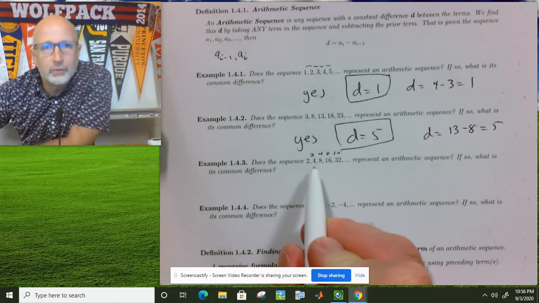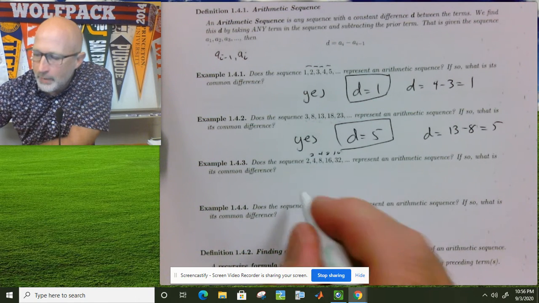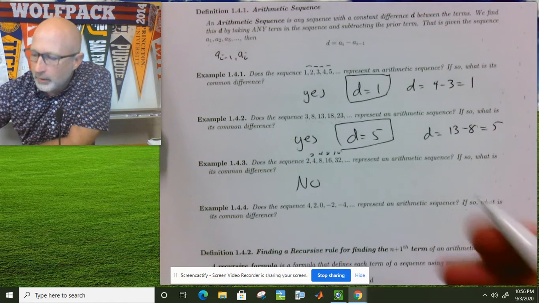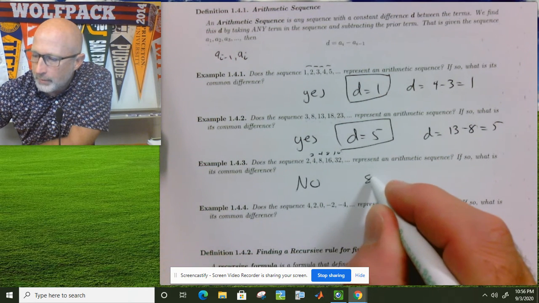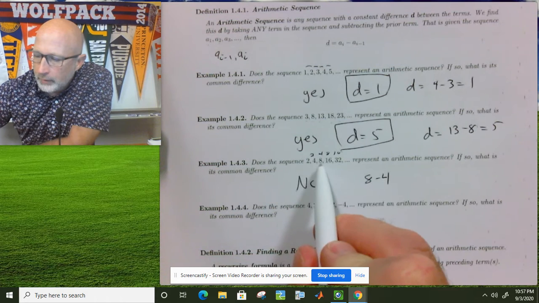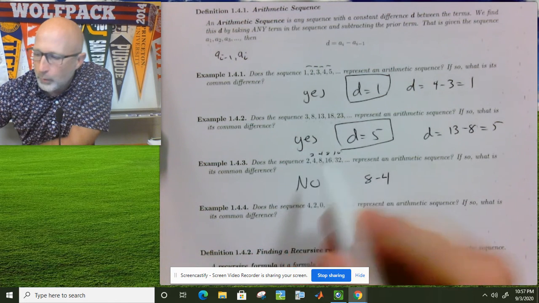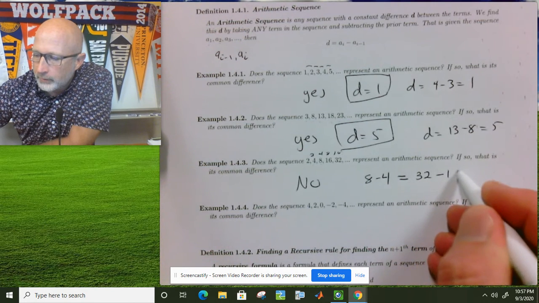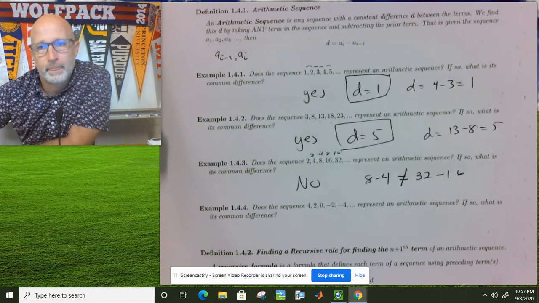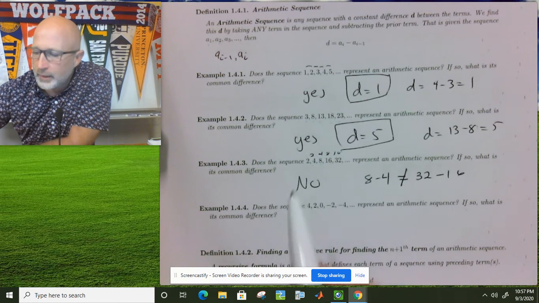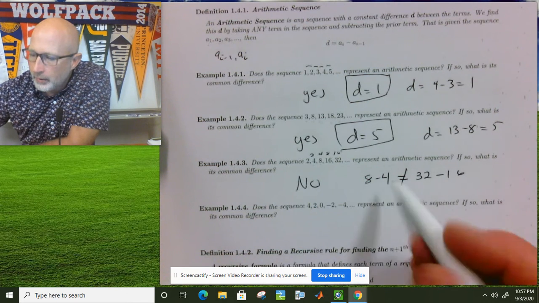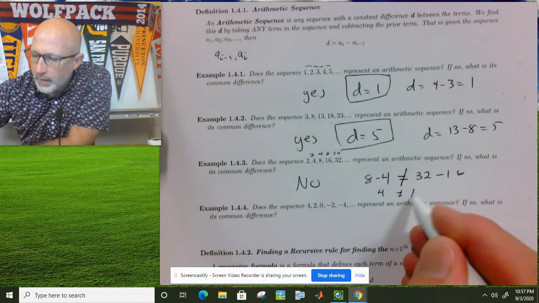Since it goes up by a different amount each time, the answer is no. If you're asked to explain that, you would say 8 minus 4, any term in that sequence minus the prior one, is not equal to 32 minus 16. If it is an arithmetic sequence, the common difference anywhere in there should be the same. Here this is 4, and 4 does not equal 16.